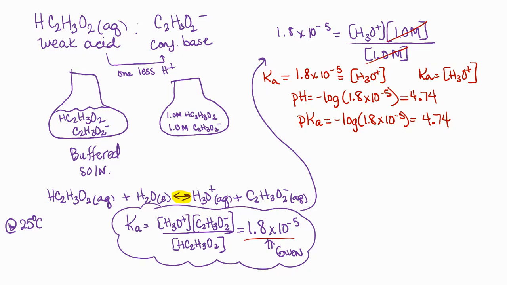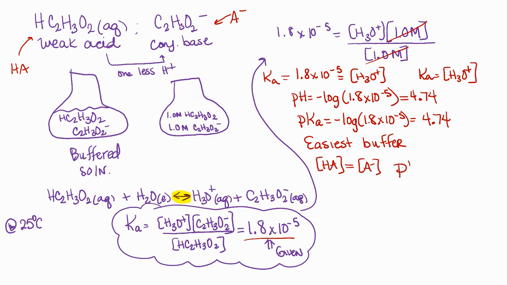So really what we're seeing is that this is the easiest buffer, where the weak acid, HA as a generic term, and the conjugate base, A minus as a generic term, HA equals A minus in this buffer. So pH of the buffer equals pKa. This is always true for any weak acid conjugate base system.